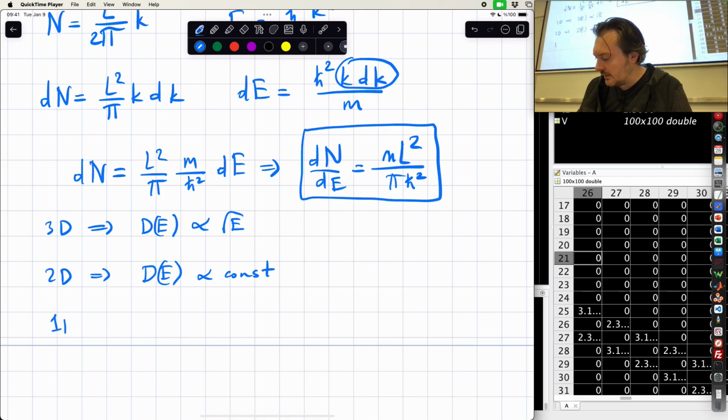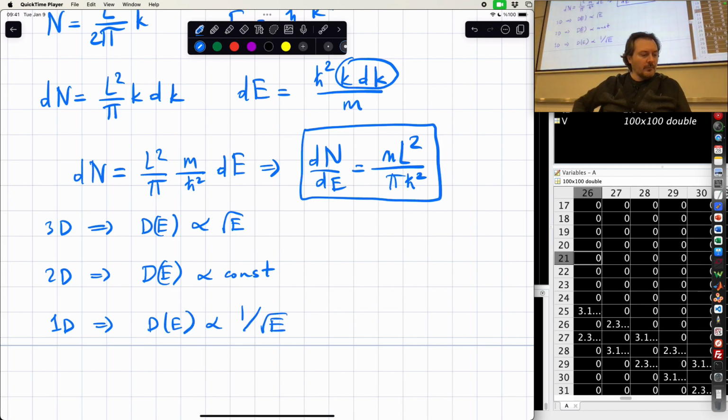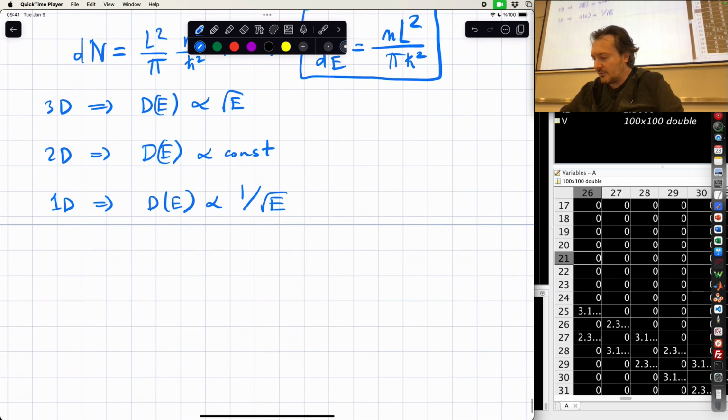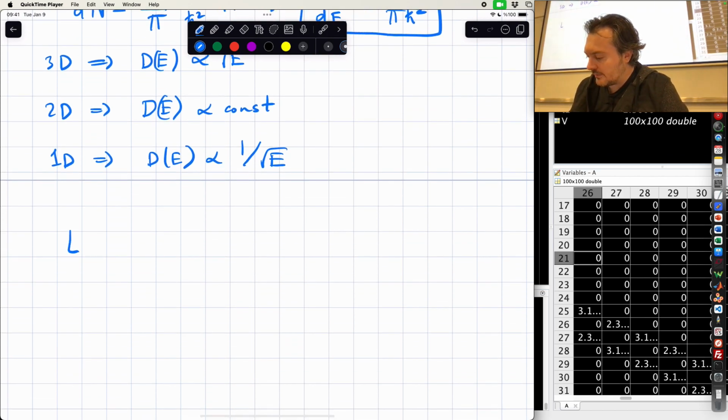And for 1D, apparently, density of states is proportional to 1 over square root E. Okay? Finally, since you are now familiar with the idea of density of states, let's talk about also the idea of local density of states.